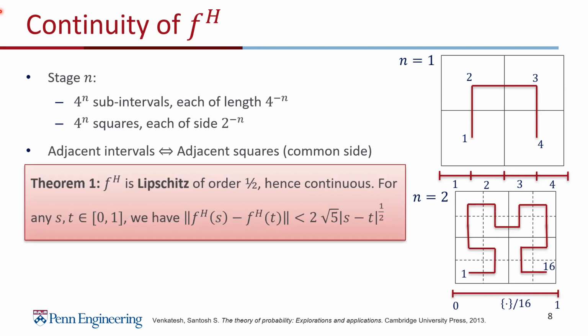To make this statement more formal, the theorem is that this mapping is in fact Lipschitz of order half, and 2 root 5 is exactly going to be a Lipschitz constant.